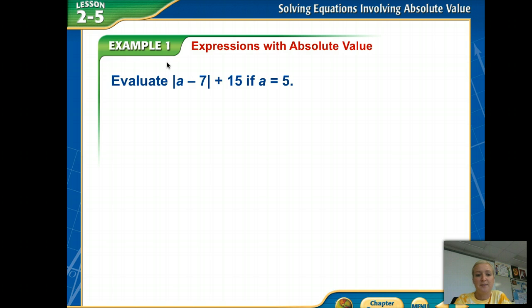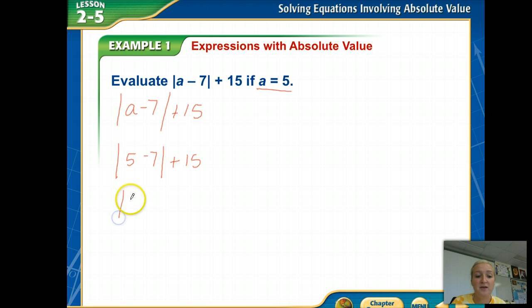Let's get started with example number 1. Example number 1 is expressions with absolute value. So if I have the absolute value of a minus 7 plus 15, all we're doing is taking whatever the given value is, 5, and substituting it into our expression and solving.